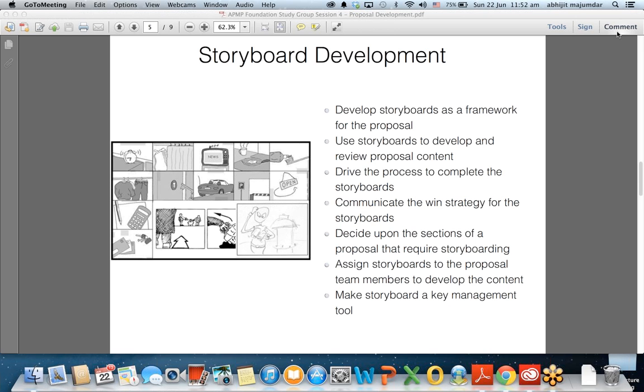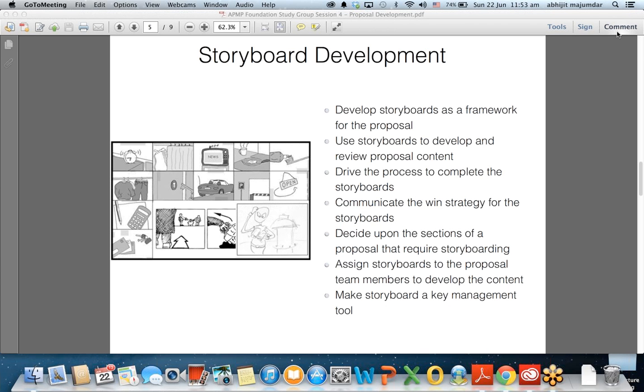There have to be specific key messages about how we are going to meet a specific requirement, or how capable we are to meet it. These things get embedded in your storyboard, so when you are designing your storyboard, you should push these pointers within it.